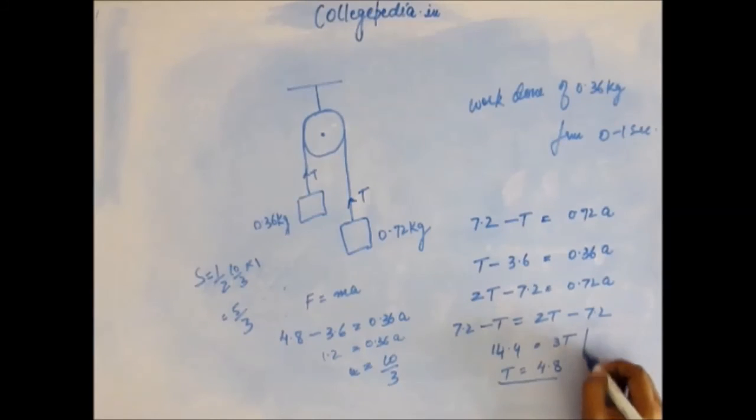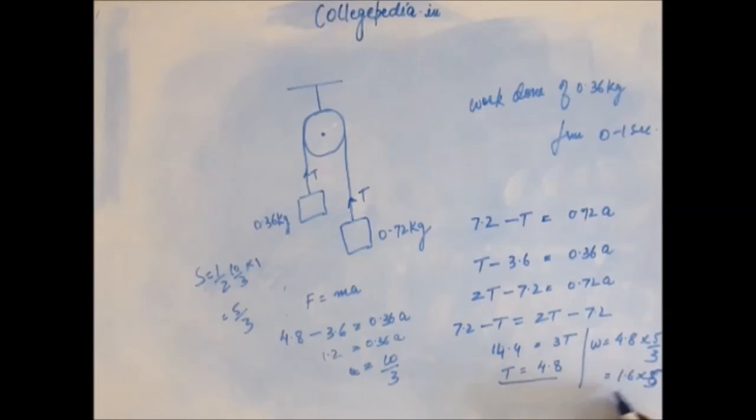So our work done should come out as 4.8 into 5 by 3. This is 1.6 into 5. That is 8. 8 joule of work should be done on the lighter block from 0 to 1 second.